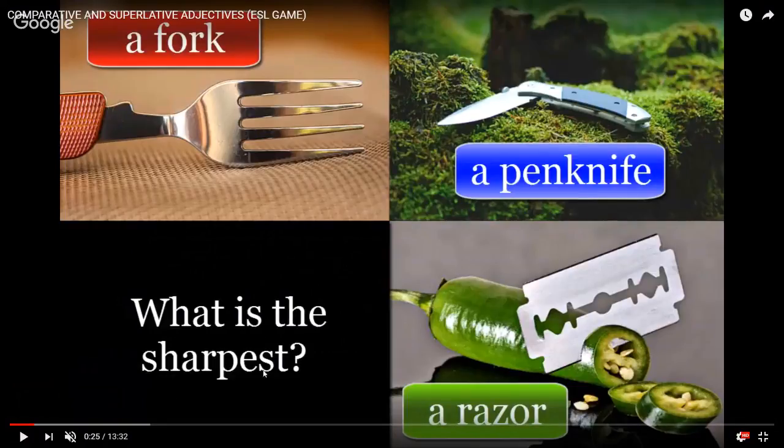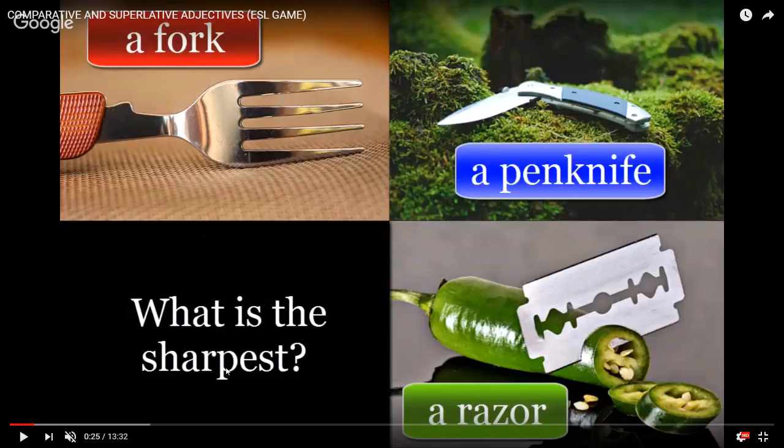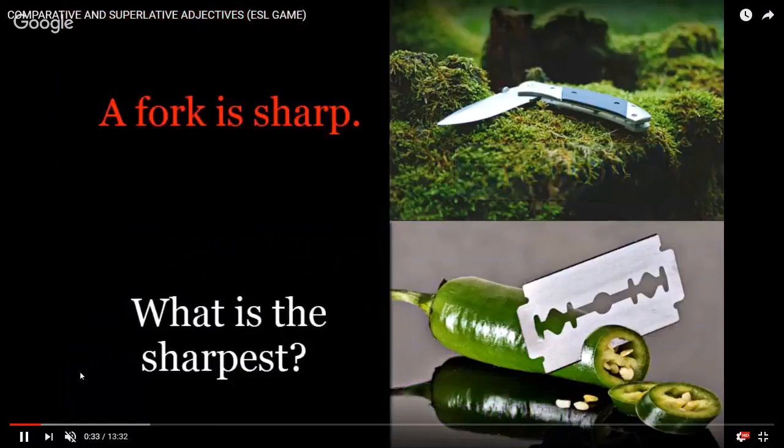What is sharp? Do you remember in Spanish what is sharp? No? Okay, it is filoso, right? So the normal adjective will be, look at the example, a fork is sharp.